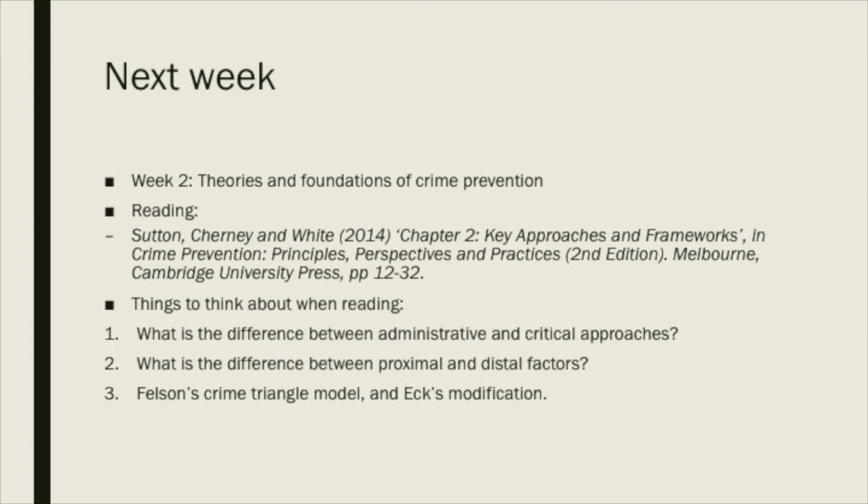What is the difference between proximal and distal factors? And think about Felson's crime triangle model and its modification. Now, these are only 3 of some of the main ideas that we will be discussing next week, but I like to just give a few pointers to help students guide their reading and help them not go into the reading blind, so to speak.